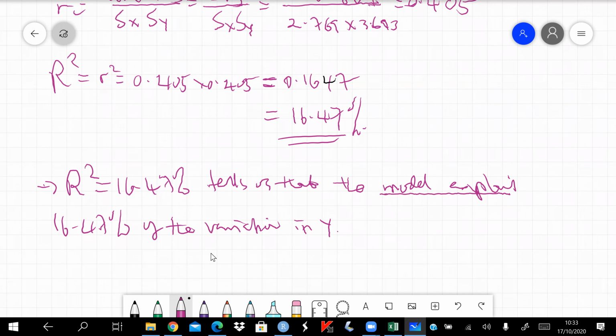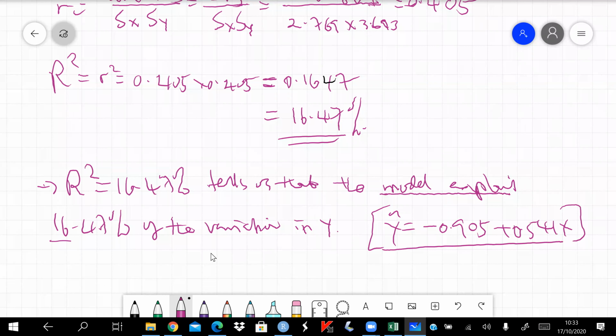Remember, the model is the estimate of Y. What were the values of beta naught and beta 1? Minus 0.905 plus 0.541x. So this model here explains 16.47% of the variation in Y.